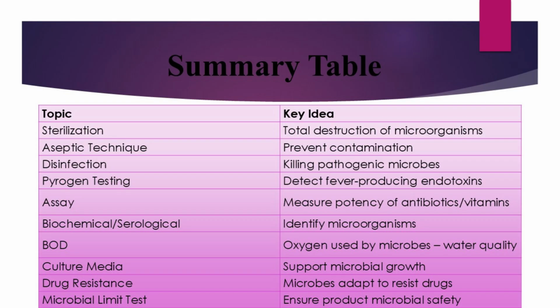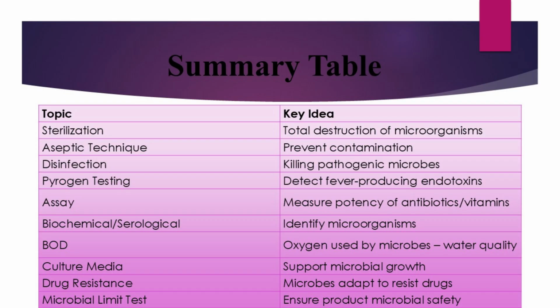Row 5. Topic, Assay. Key idea, measure potency of antibiotics or vitamins. Row 6. Topic, Biochemical or serological. Key idea, identify microorganisms. Row 7. Topic, BOD. Key idea, oxygen used by microbes, water quality.